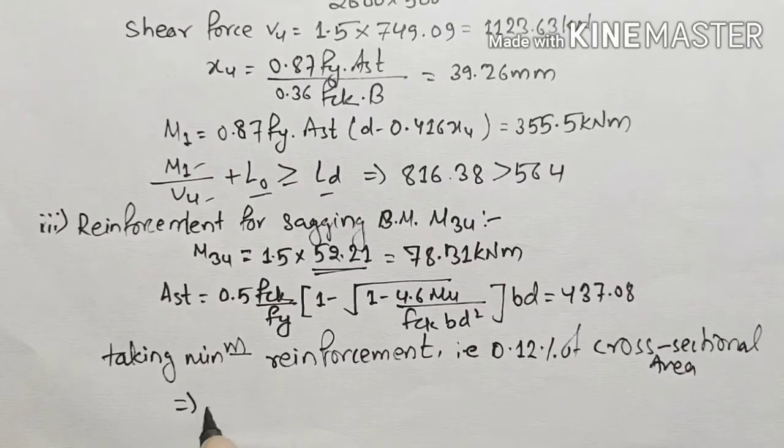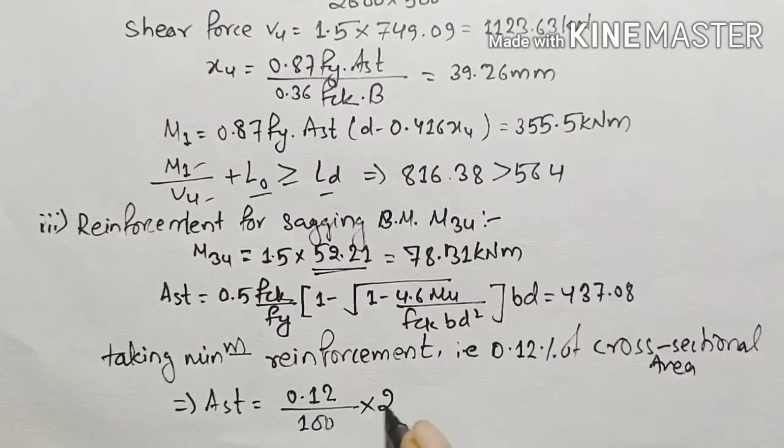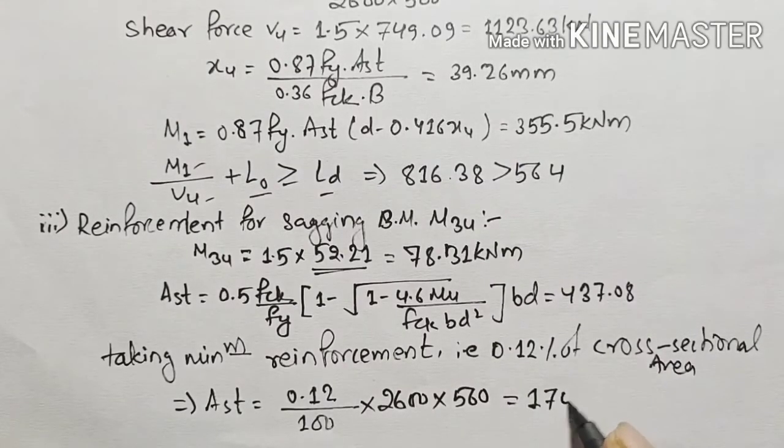So minimum reinforcement, we will have here AST equals 0.12%, means 12 by 100 into cross section, means 2600 is our width into overall depth of 560 millimeter. So we will have here 1747.2 millimeter square.